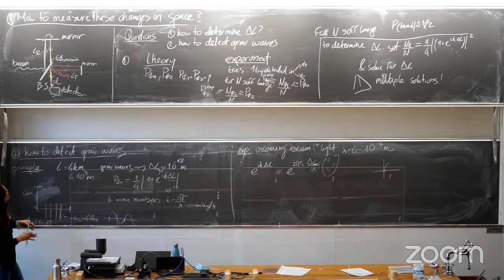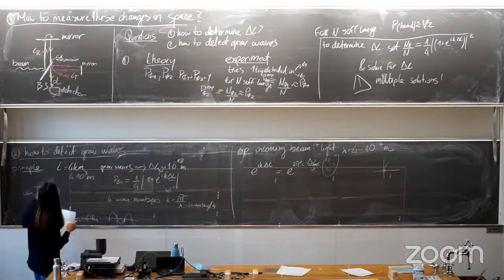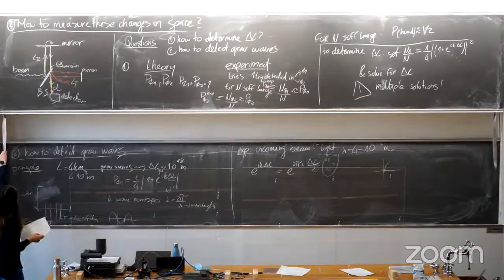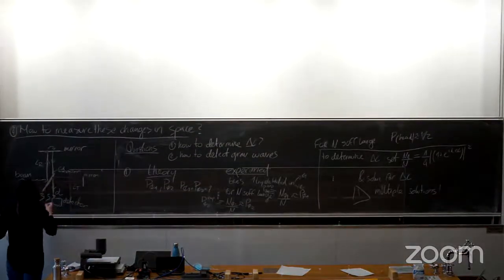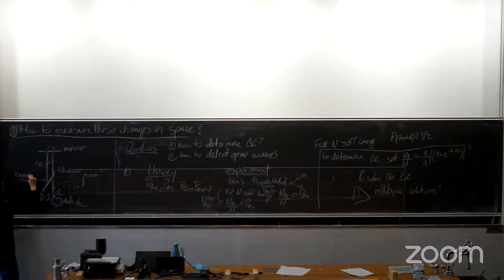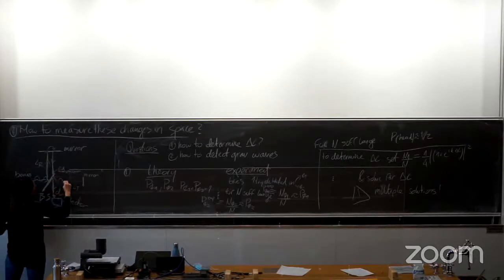So their idea is that they send light, and for this I'll bring it back here. Here we can really think about it in wavelengths, like this. This wave will be reflected and then comes back.